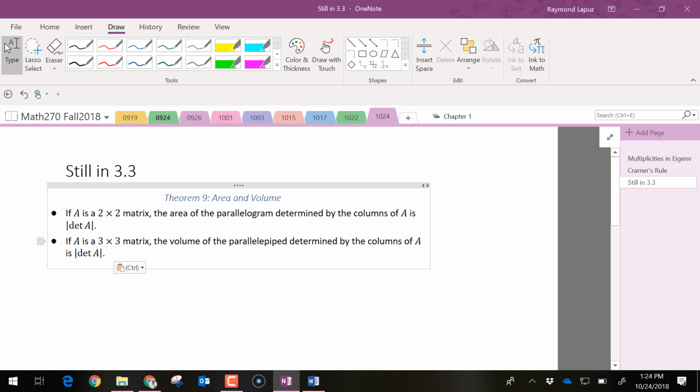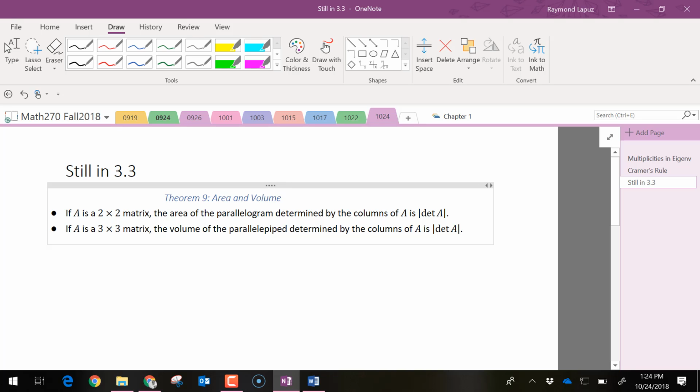So there's a couple more parts in section 3.3 that lend themselves to some Calc 3 stuff. The parallelepiped business is what's covered in 3. But this also goes back to a simple two-dimensional problem where the area of a parallelogram is determined by two vectors, and the other two sides of the parallelogram are just parallel to those two vectors.